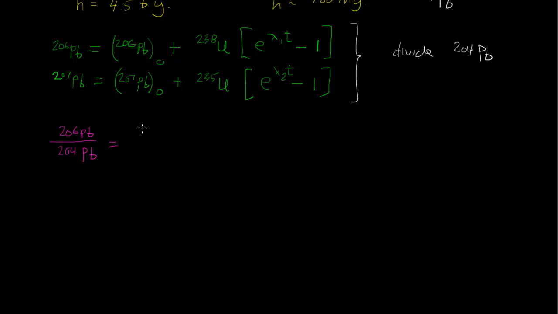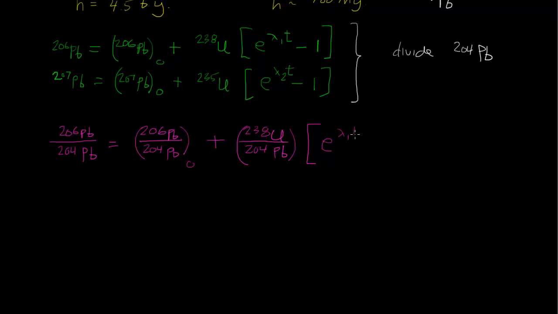And that is going to equal the initial ratio of 206 lead to 204 lead plus the ratio of the radiogenic 238 uranium to 204 lead times the decay term, e to the lambda 1 t minus 1. And I can do the same thing for the second equation by dividing by 204 lead.